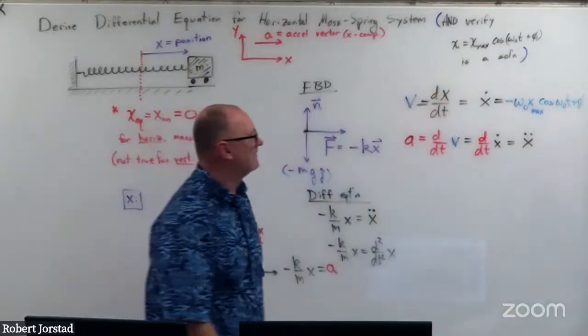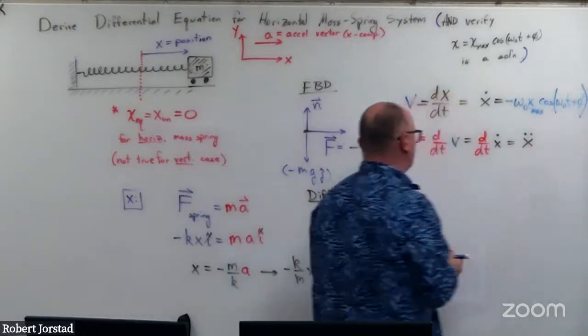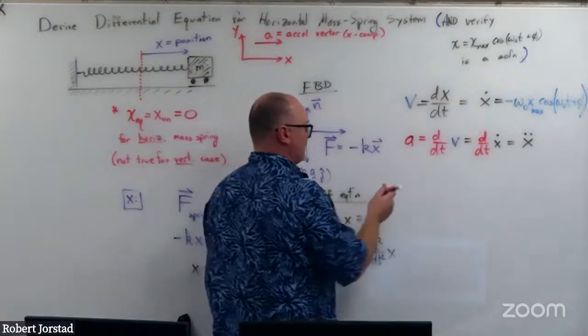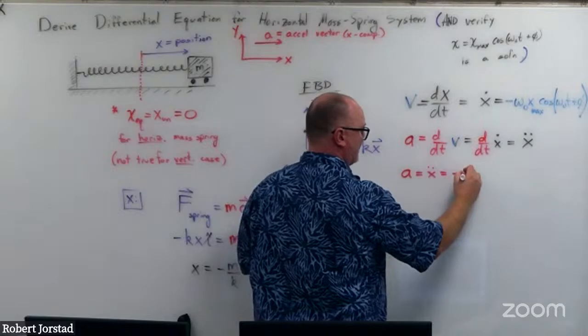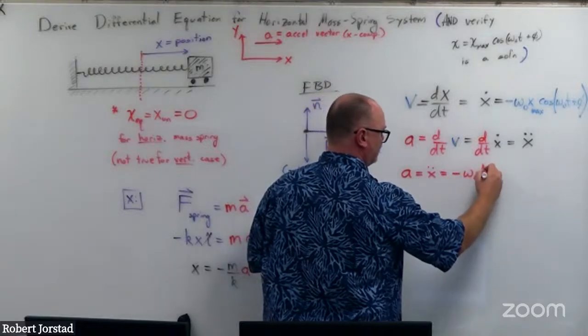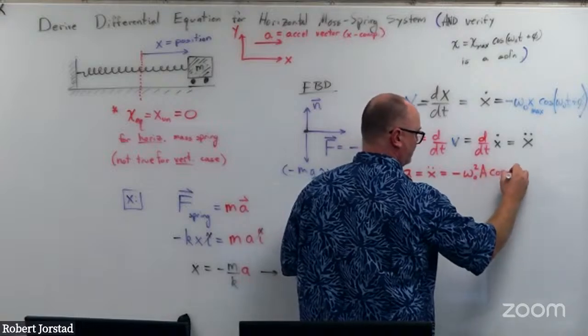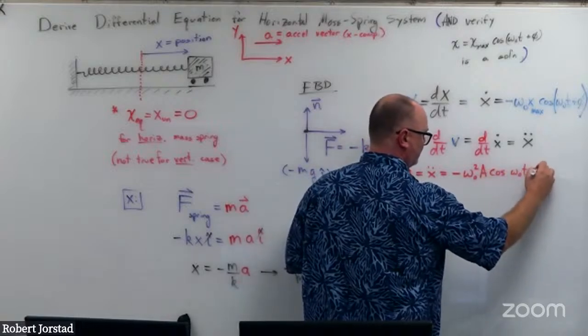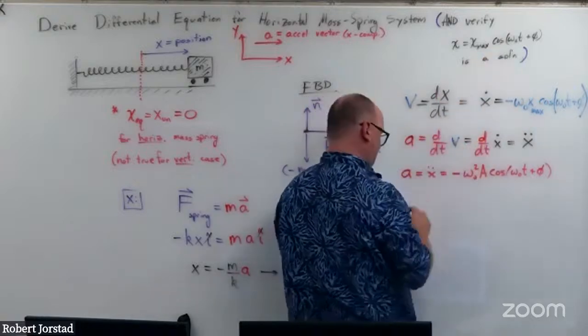Just barely. We've seen that the acceleration, or x double dot, is minus, again, just take the derivative of the function, you get a negative. Oh, I screwed up, didn't I?